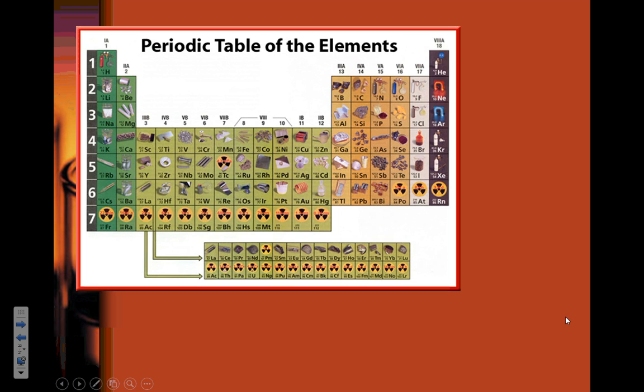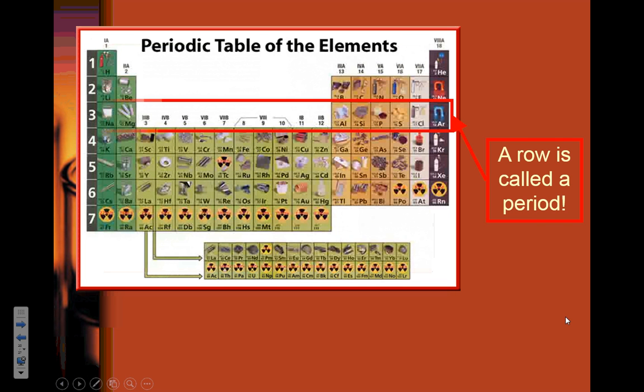So when you take a look at a periodic table, a row would be across. So this is the third period of the periodic table. Now I'd mentioned that two of the rows on the periodic table have been pulled out. This one right here is actually in the periodic table in that position, and the one right below it is actually inside the 7th period.